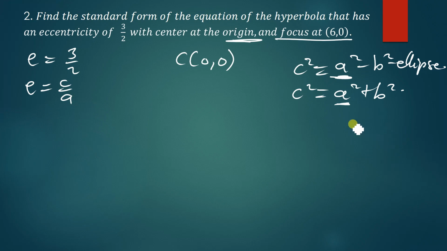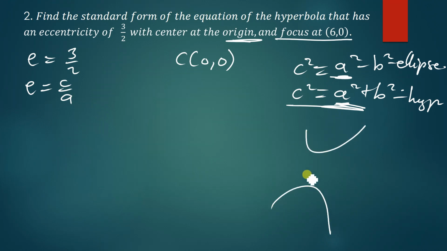For the hyperbola, the value of a is also the same. They are saying the center is the origin, so the distance from the center up to the vertex is the one that we call a. It's the one that is denoted by a.